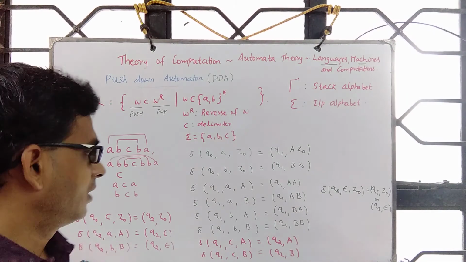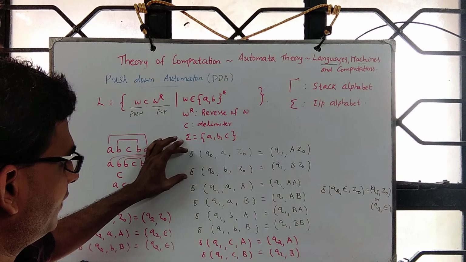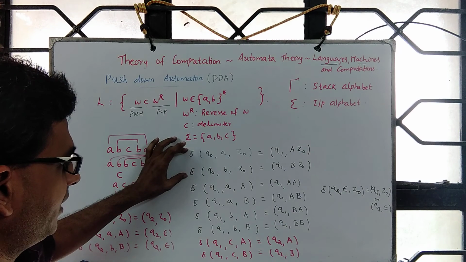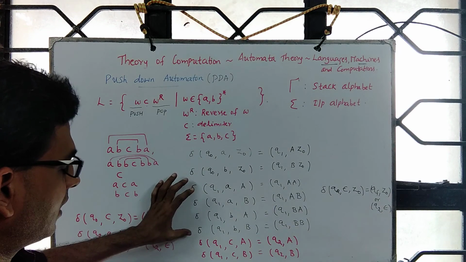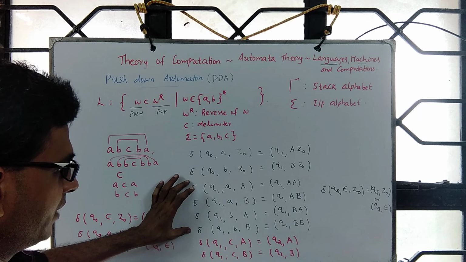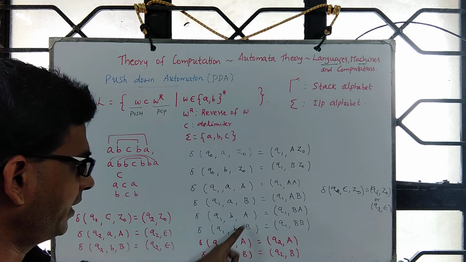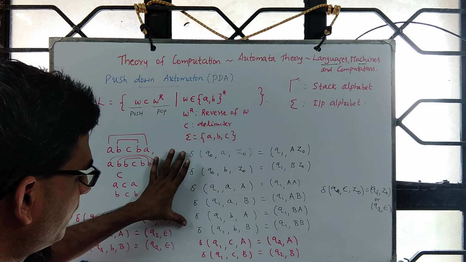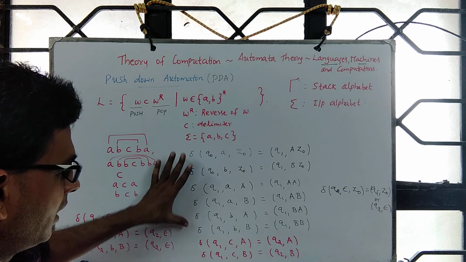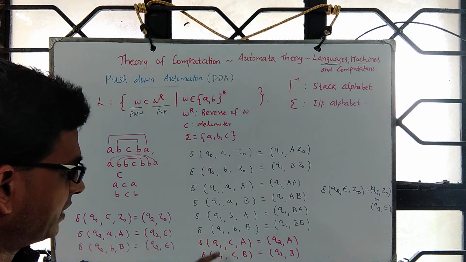Fine. So with this we read the first A or B, then we start reading A and B's. It can come in any form. AA can be there, AB can be there, BA or BB. So we simply perform push. Then we need to perform switch.